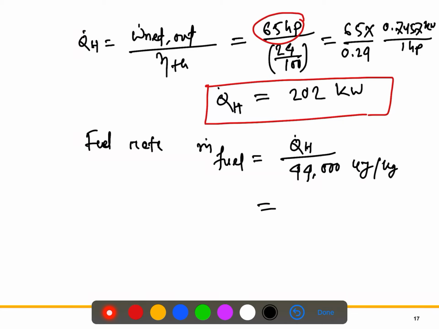Q H, we got 202 kilojoule, right? And here it is 44,000 kilojoule per kg.